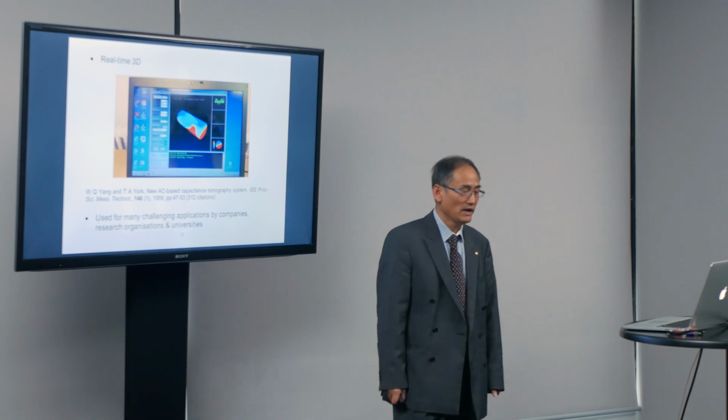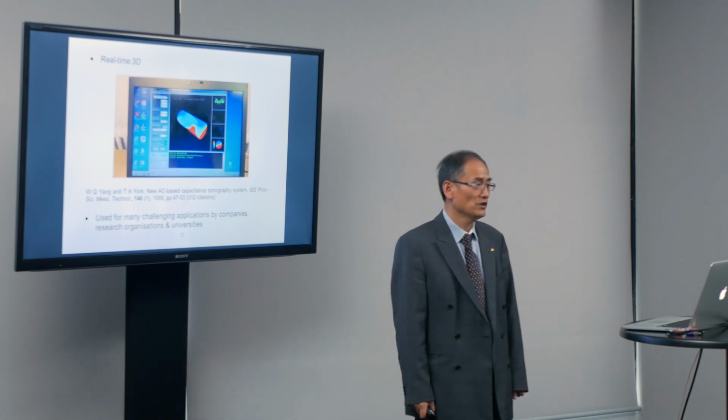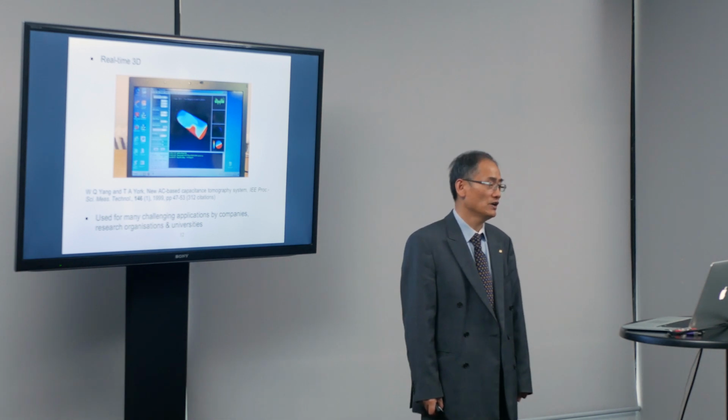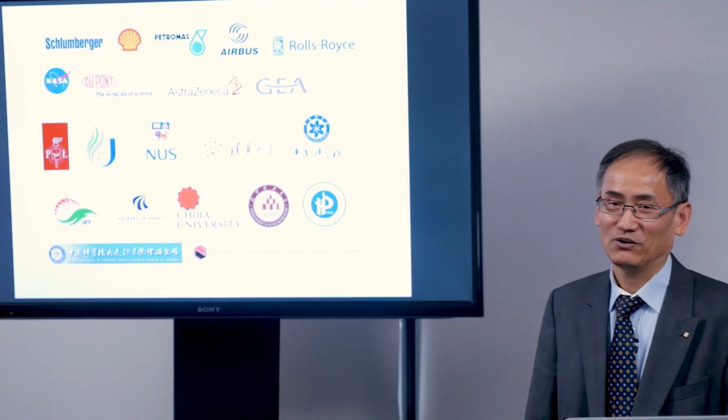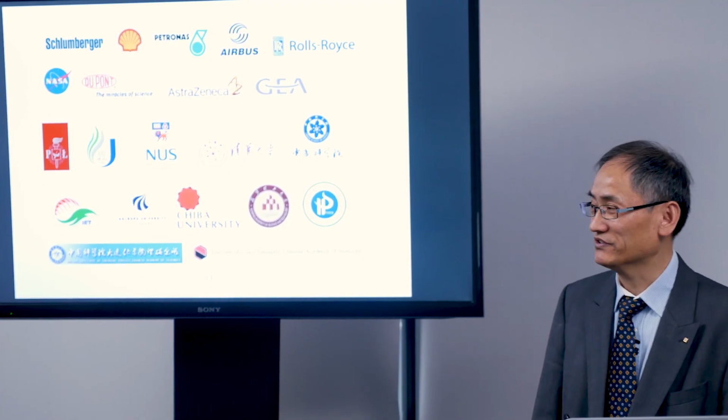This system has been used in many challenging applications by companies, by research organizations, by universities. Here I give you some ideas who are using our tomography system, our ECT system.